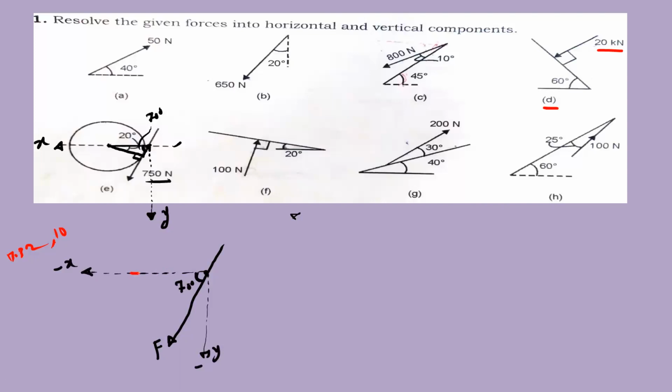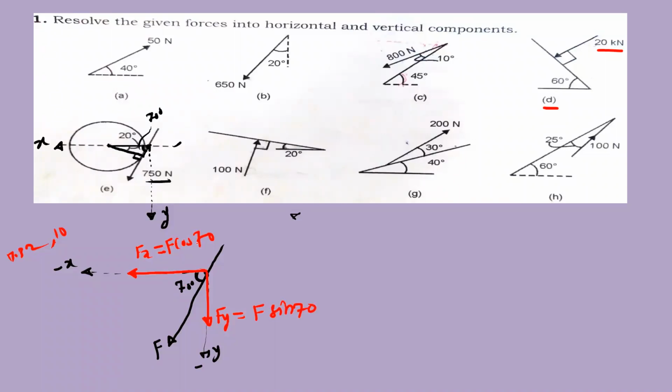So now you can resolve the force. This is the x component, and this is the y component. The x component will be F cos 70, and this is F sin 70.